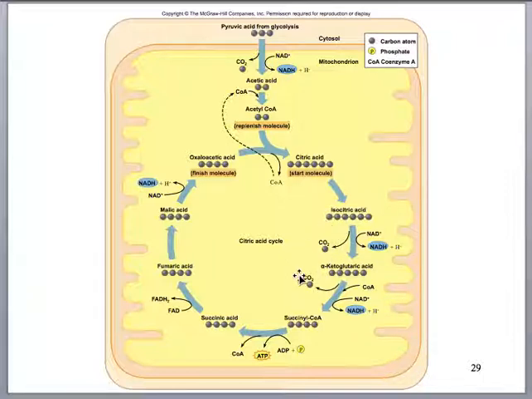Remember the carbon dioxides are just a way to completely oxidize that glucose, and the carbon dioxide will eventually get exhaled as a waste product. So we haven't made a whole lot of ATP, but we have made a lot of NADH molecules and FADH2s. These high energy electron carriers can then go to the electron transport chain where we can make a lot of ATP. That is the point of the citric acid cycle.